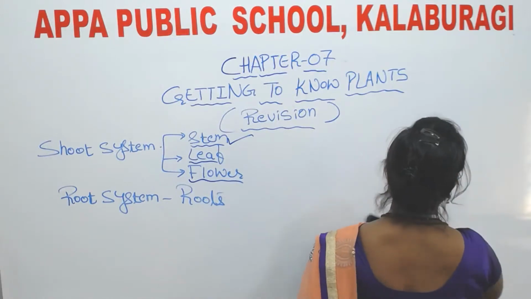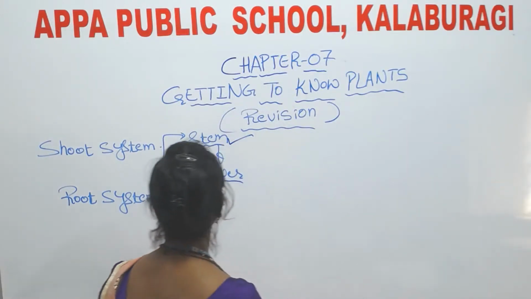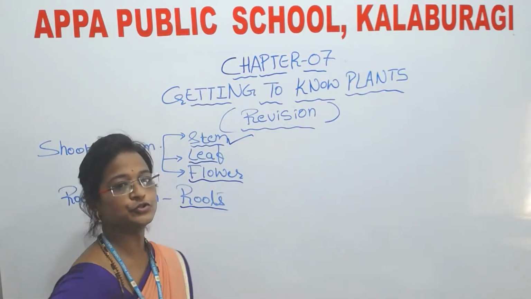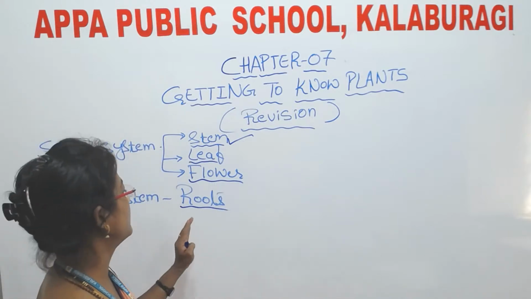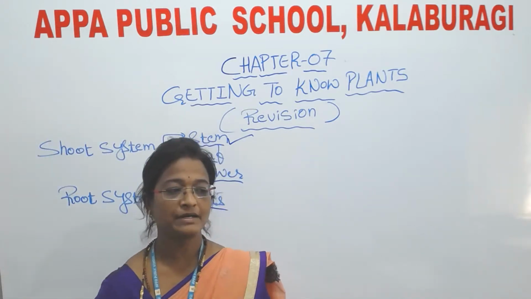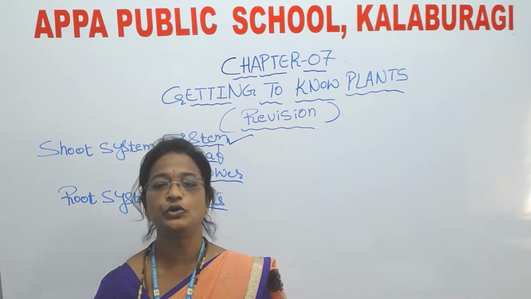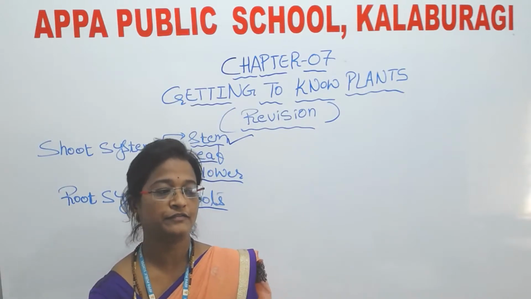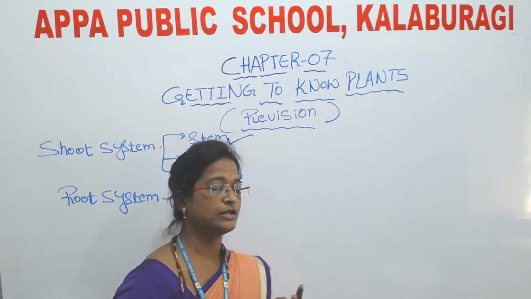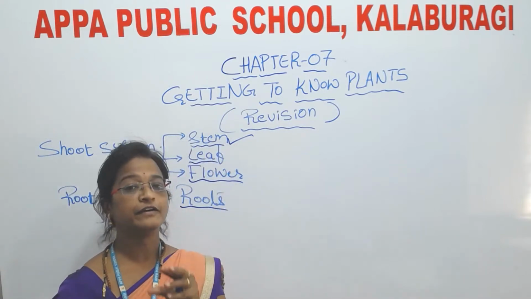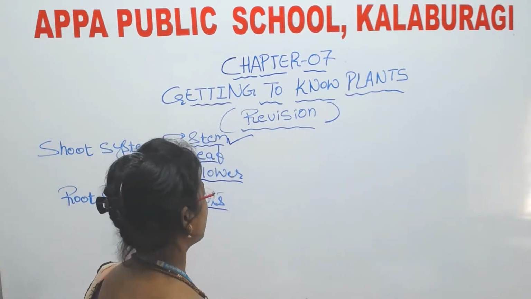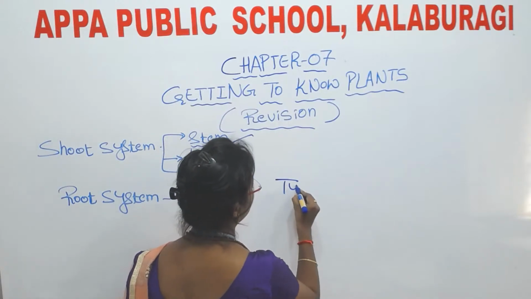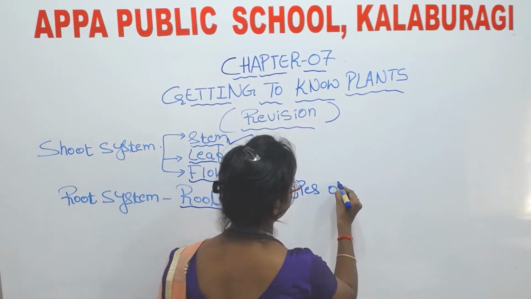So now next is roots, isn't it? So here roots are also a main part. So what the roots will do? Roots will hold the plants firmly in the soil. So there are two types of roots.